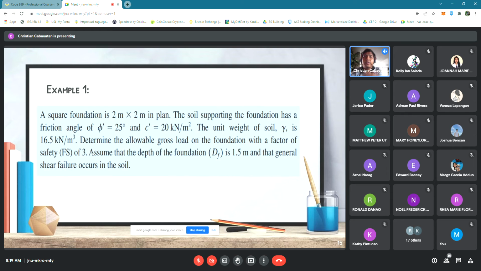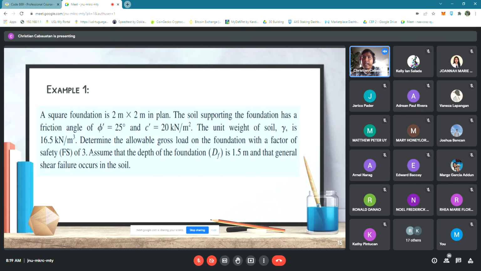Since cohesion is attached to the first term, it would be FCS, FCD, and FCI. C should be there, and then S, D, and I. Likewise, for the second term, which is Q, you just add FQS, FQD, FQI.